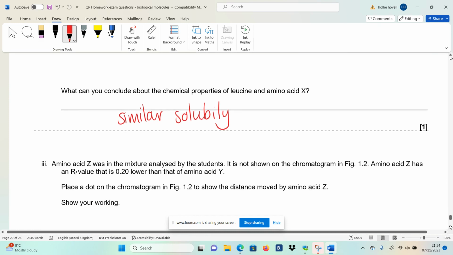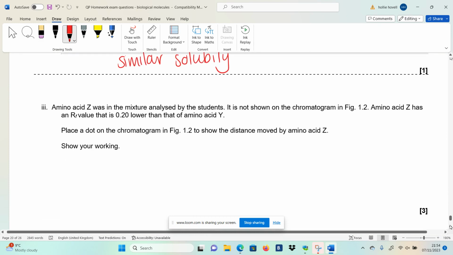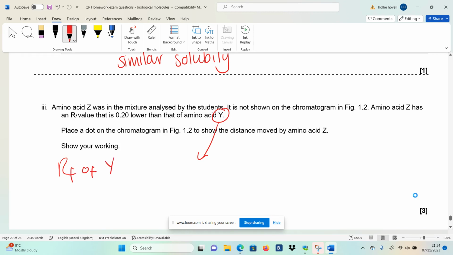Amino acid Z was in the mixture analysed by the students. It's not shown on the chromatogram in figure 1.2. Amino acid Z has an RF value of 0.2 lower than amino acid Y. So first of all, you're going to need to work out what is the RF value of Y. Okay, then it says that the RF value of Z is whatever it was for Y minus 0.20.